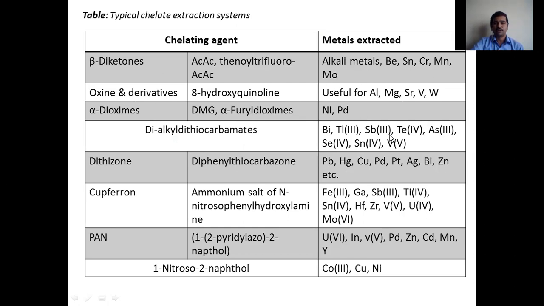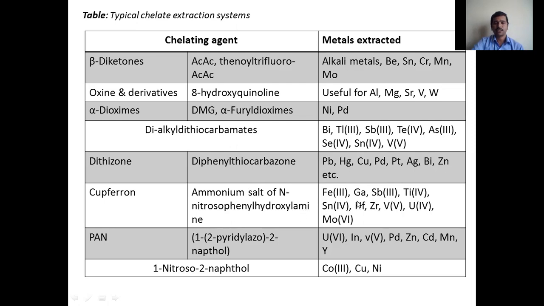Dialkyl dithiocarbamates are used for the extraction of bismuth, thallium, antimony, tellurium, arsenic, selenium, tin, vanadium, etc. Dithizone, that is diphenyl thiocarbazone, is used to extract lead, mercury, copper, palladium, etc. And cupferron is the trivial name. It is ammonium salt of N-nitrosophenyl hydroxylamine.